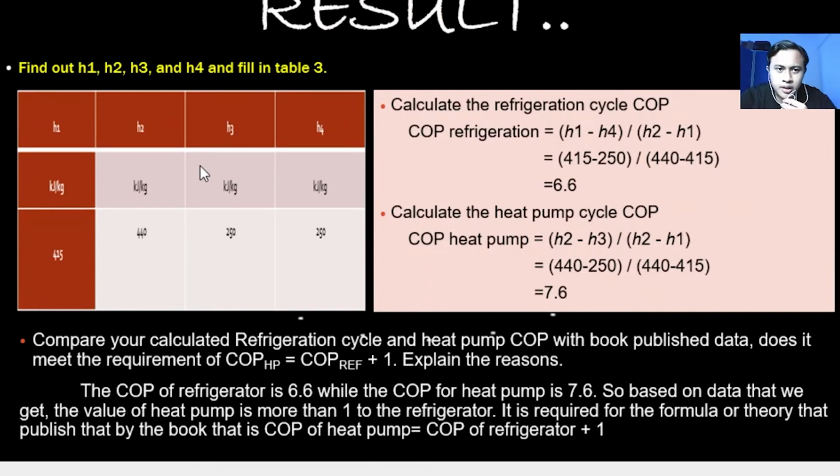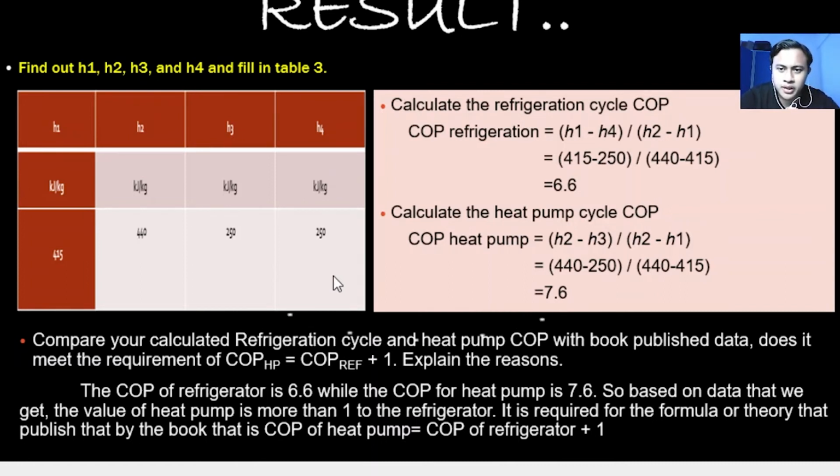The enthalpy we get for H1, H2, H3 and H4: H1 is 415 and H2 is 440 and H3 is 250 and H4 is 250 also.